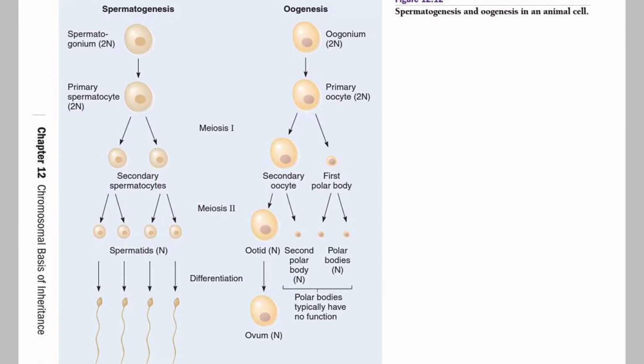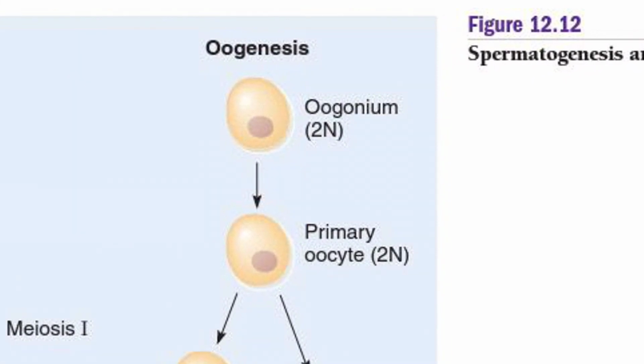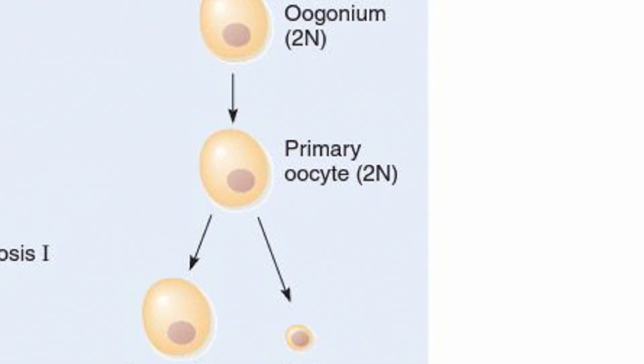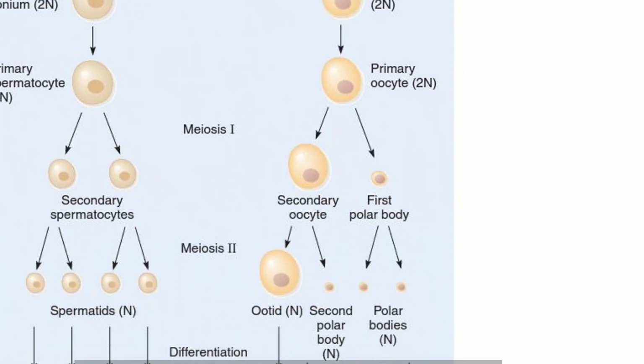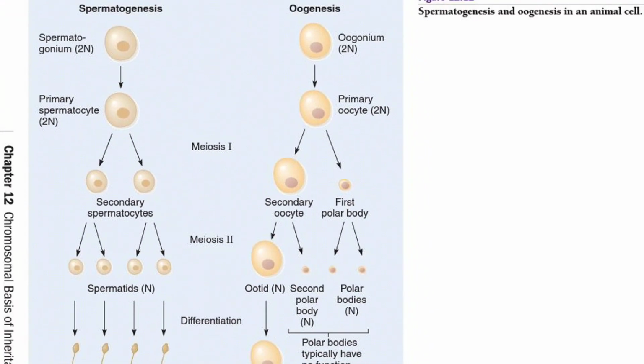Now we have studied the process of oogenesis. For example, in oogenesis we have started with oogonium. So oogonium, then from mitotic cell division primary oocyte is formed, and secondary oocyte, and the first polar body.